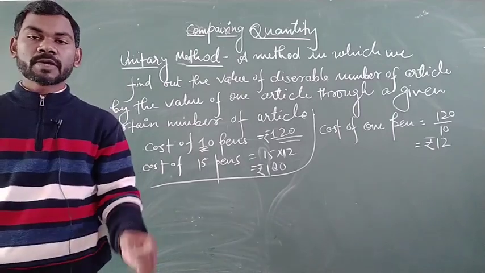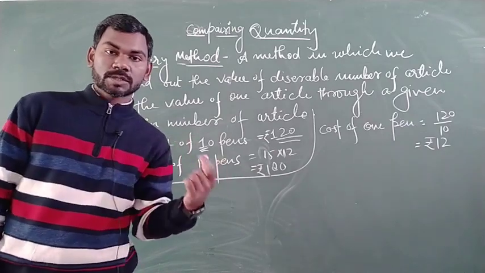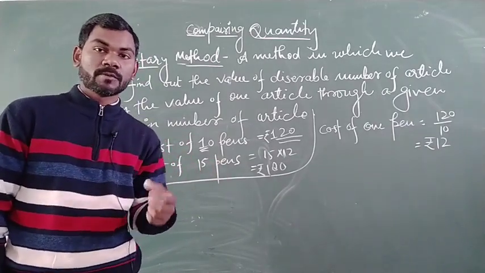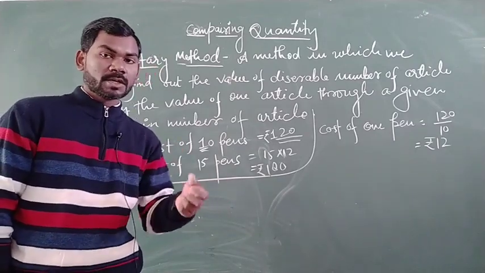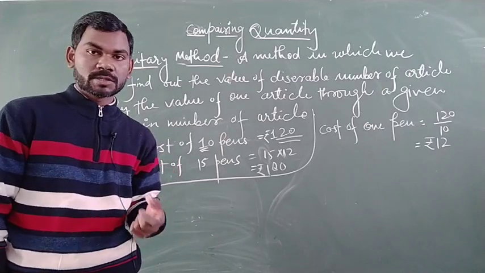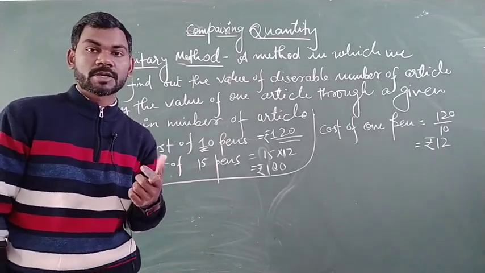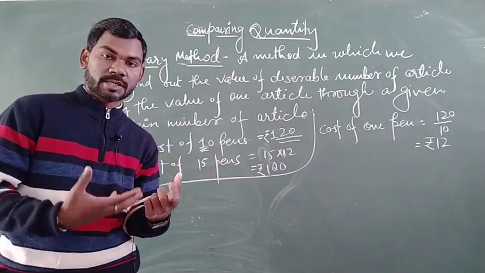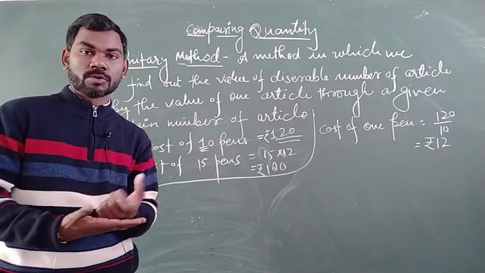The unitary method is a very useful and very important concept. Through this concept, we are able to solve various types of problems, like percentage, profit and loss, simple interest, compound interest, work and time, work, distance and speed, pipe and cistern, and many more.